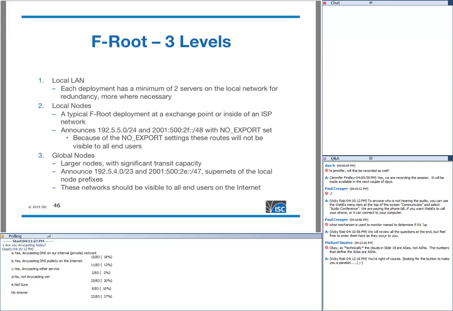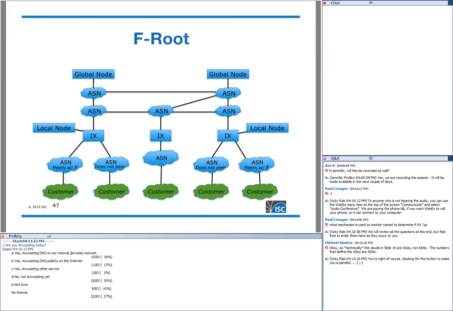Next slide, please. So here's a great illustration to show how, for a number of different customers, their traffic may go in terms of some ISPs, some ASNs, some ISPs that peer with a local node, some that don't. So next slide. There's the global prefixes that we were talking about.